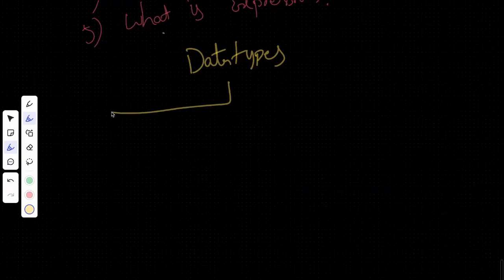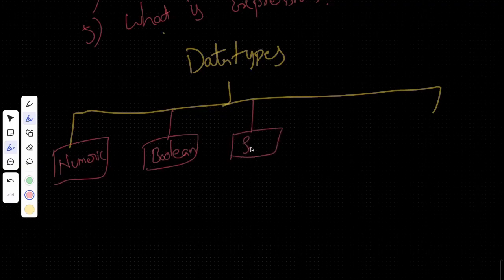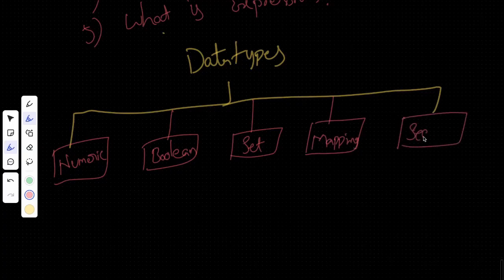First, we are writing categories. First category is numeric, and second category is Boolean, third category is set, fourth category is mapping, and last fifth category is sequence.